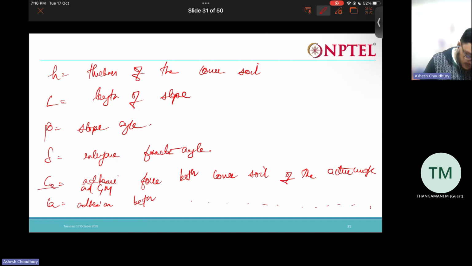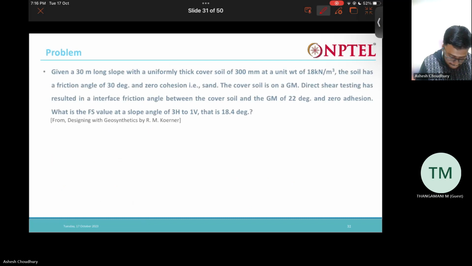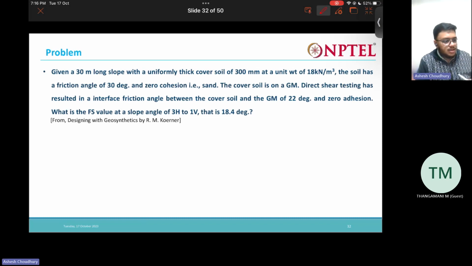This is the adhesive force, this is the adhesion. So let us see this simple problem.